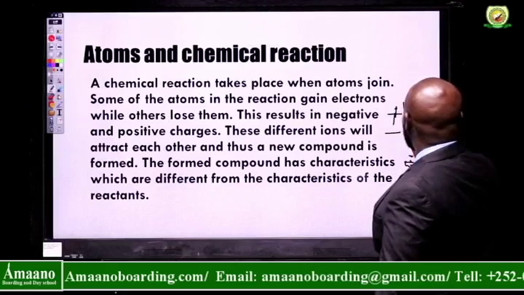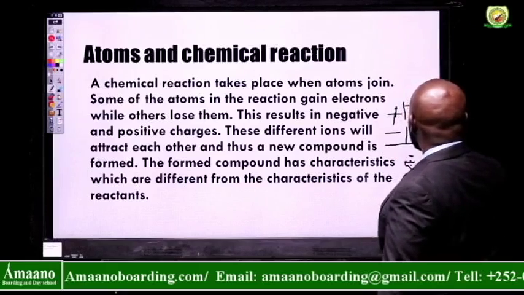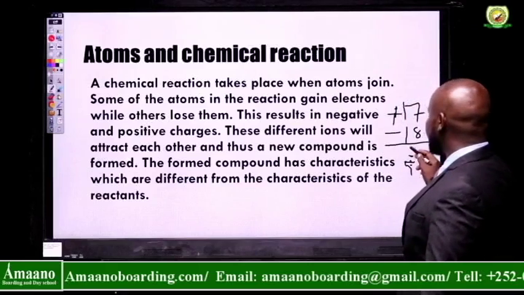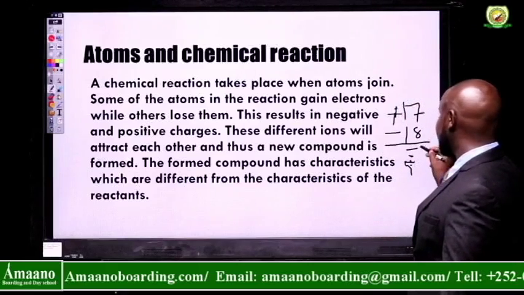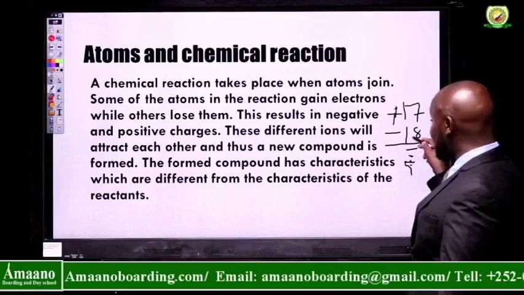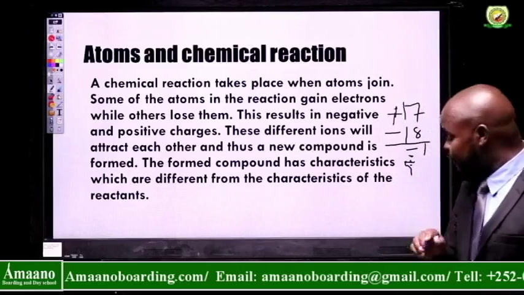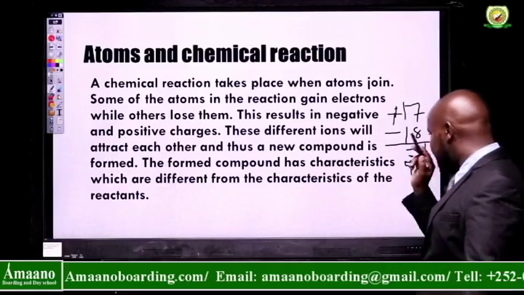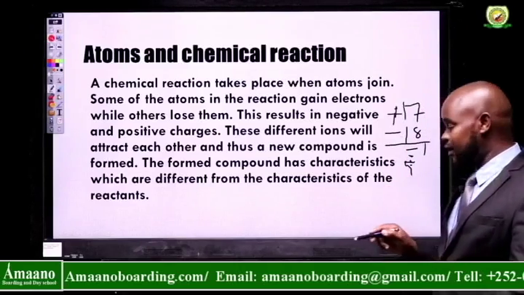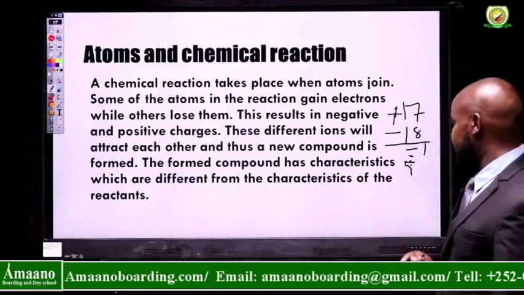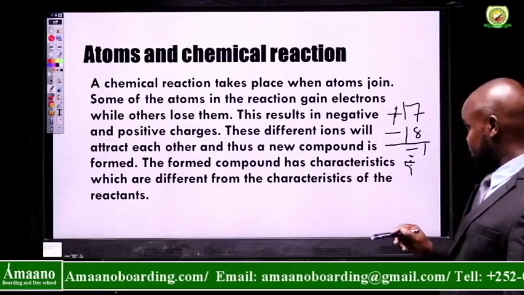But the electrons become what? 18. If we subtract them, 18 minus 17 is 1, and the sign is what? Negative 1. Why? Because the bigger number has the minus. 18 has minus. So it is this one.